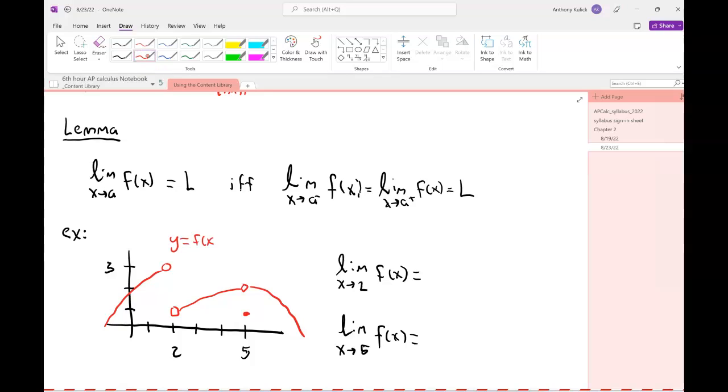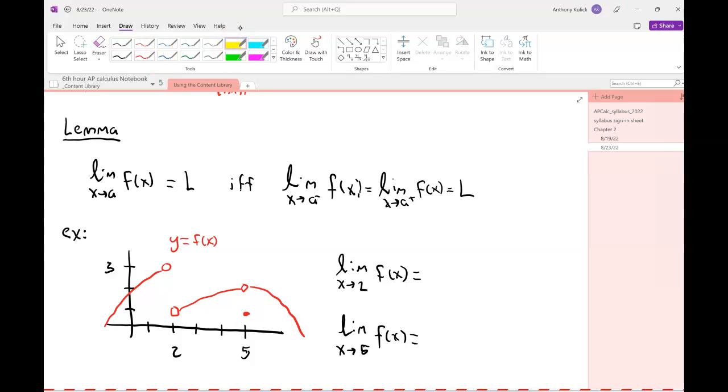So we should label that. Okay, so here's a little picture. Is that bottom, x approaches 5? Oh. Is that cool? Yeah. Okay.